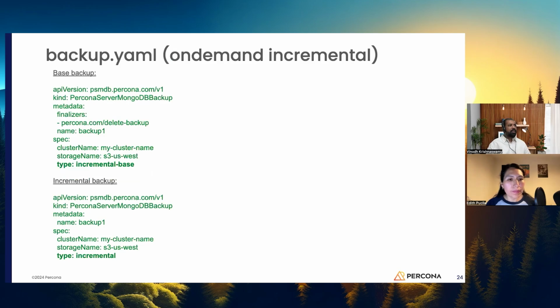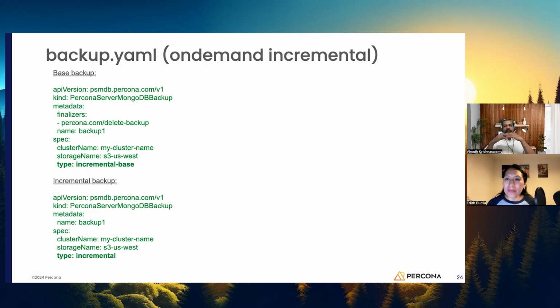Another thing is the on-demand incremental backup. For that, you take the base backup first, and after that you can take the incremental backup. Whenever you are taking an incremental backup, it will refer to the backup name, find the base, and then take the incremental backup on top of that base.